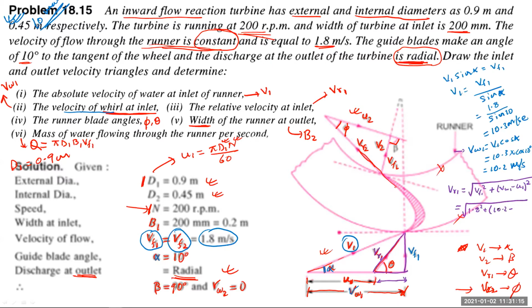How much is u1? 9.4, sir. So I will write 9.4. This is squared. So do it in your calculator and tell me the answer. 1.96 meter per second, sir. 1.963 meter per second.